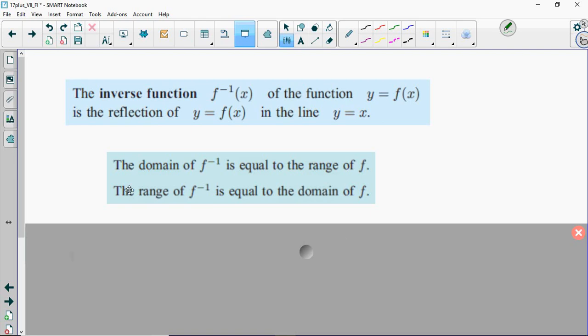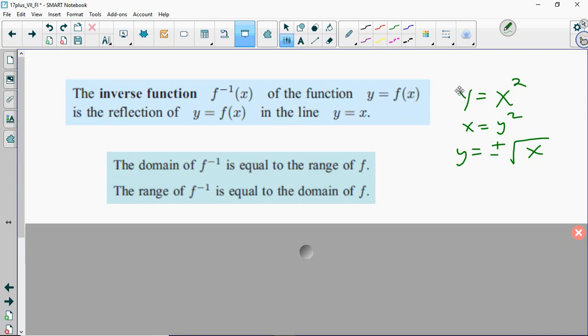Now I've been talking about inverses, and I've probably even been saying inverse functions, but you know what? The inverse of a function is not always a function itself. I'll show you a simple example here. Let's say we have the function y equals x squared. If I want to take the inverse, that means x equals y squared, and then I need to solve for y, which is going to give us y equals plus or minus the square root of x.